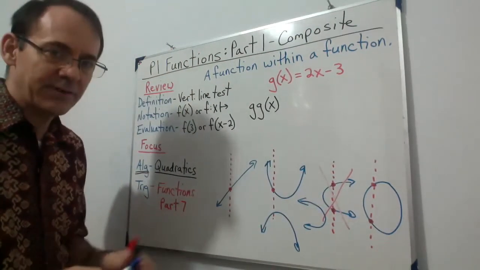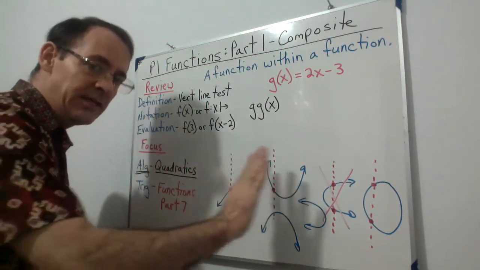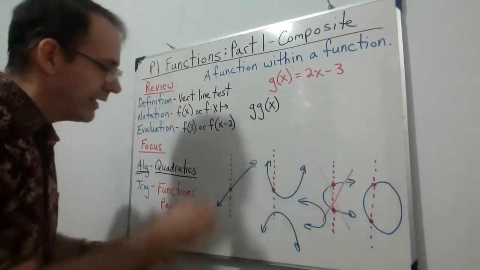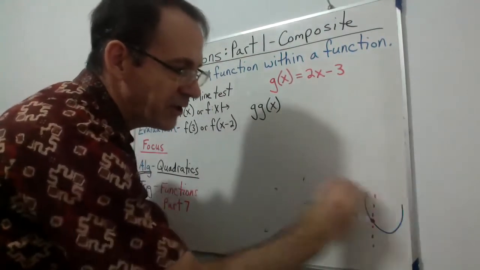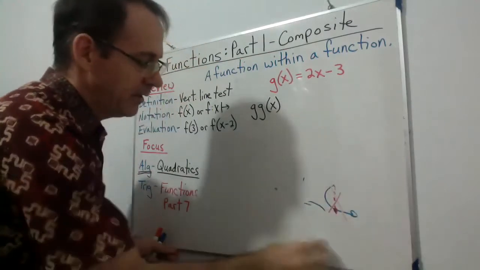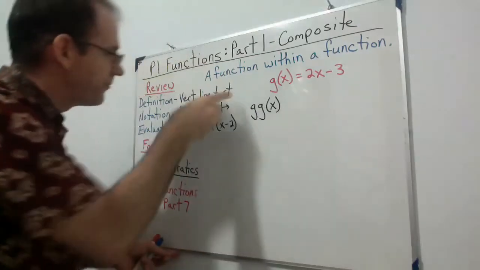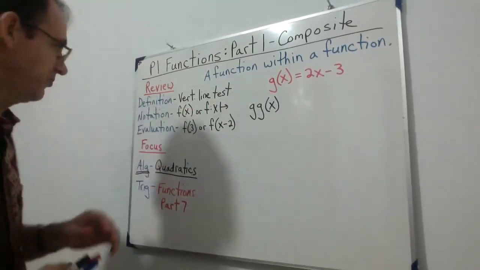So you're not going to have any of that. Anything that's a function will progress from left to right on a graph. So that at least will give you an idea of what is a function conceptually. Again, the easiest way is with a vertical line test, and that way it doesn't get too complicated.